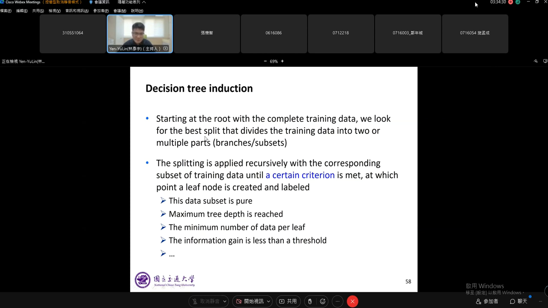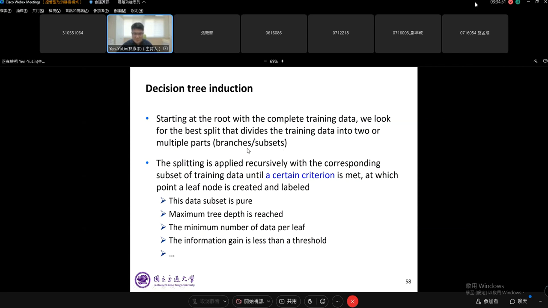In the literature, multiple parts are often called different branches or different subsets, because after this decision node, the whole training set will be divided into different subsets.